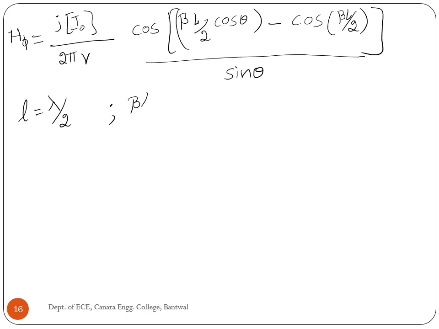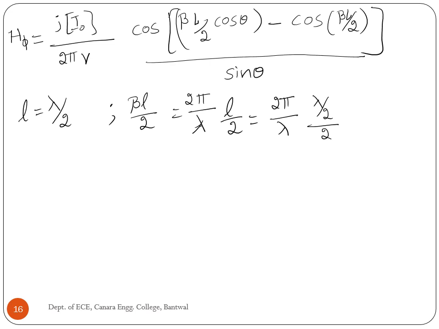Then beta L by 2 is equal to 2 pi by lambda, since beta is 2 pi by lambda, into L by 2, which is equal to 2 pi by lambda. L is lambda by 2 divided by 2, which is equal to pi by 2.